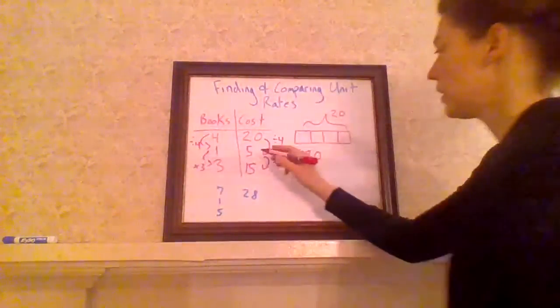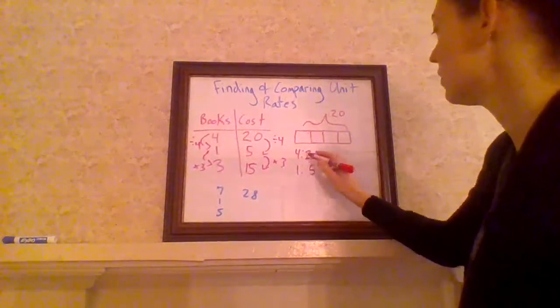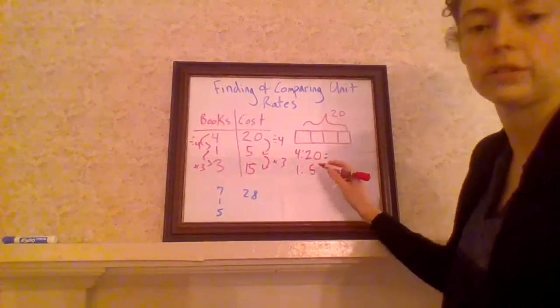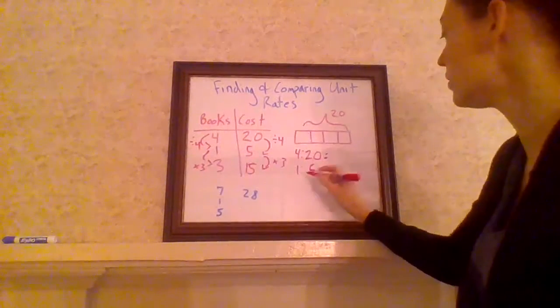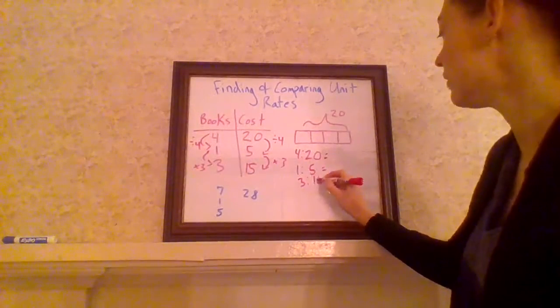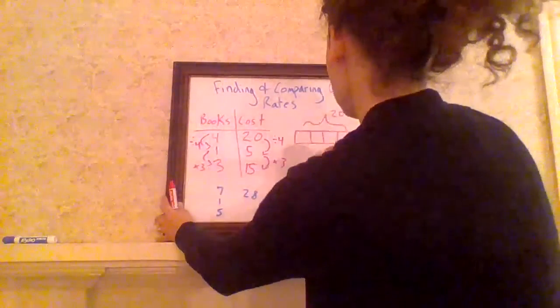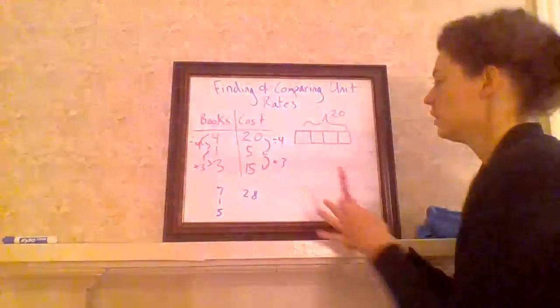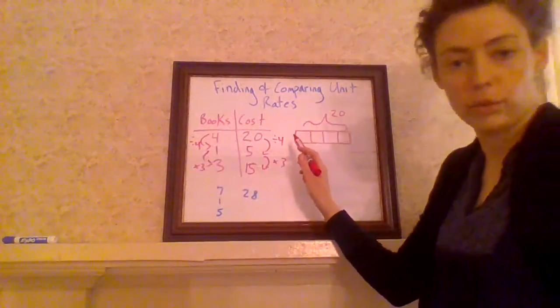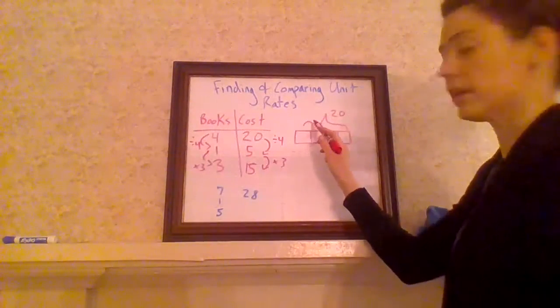Now let's look at it like this. So these would be our ratios. 4 to 20 is an equivalent ratio with 1 to 5, and that's equivalent to 3 to 15. And let's look at this diagram that I have here too. So if we have our 4 books here, we know altogether that costs $20.